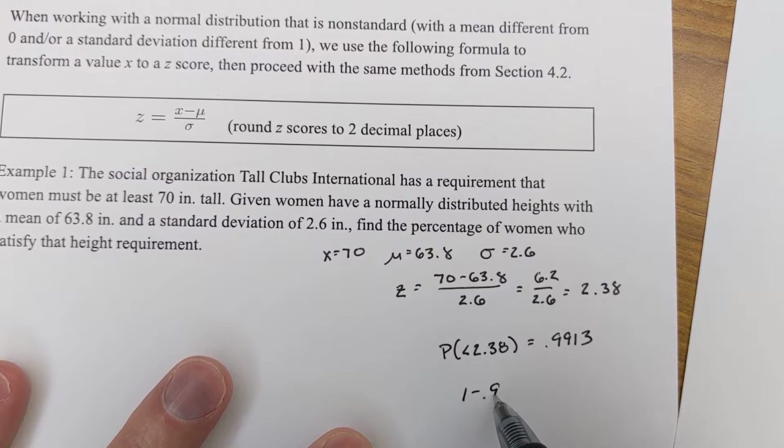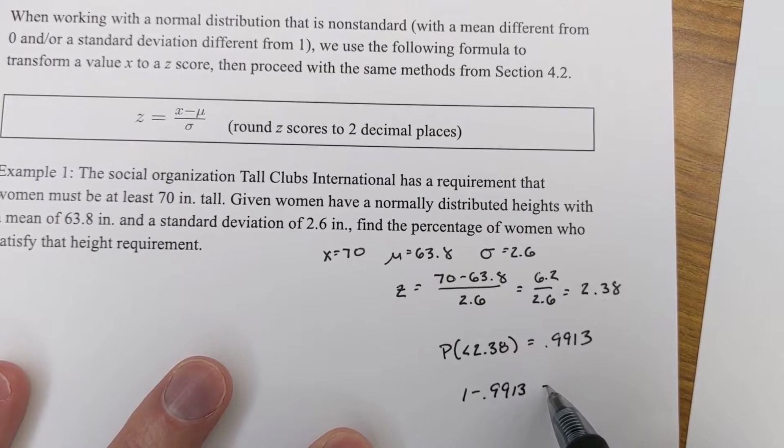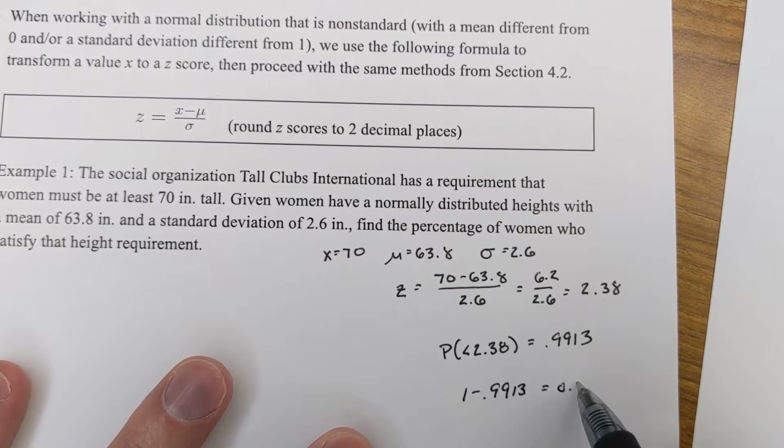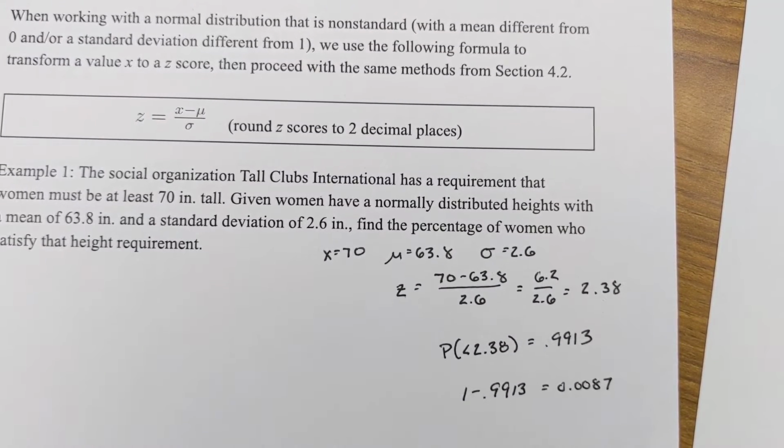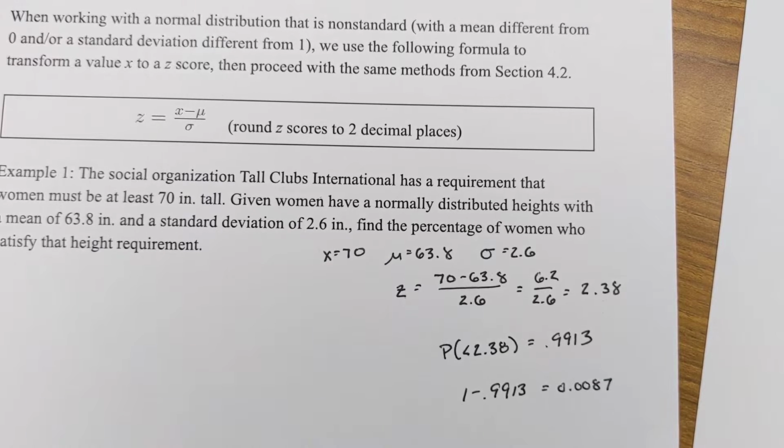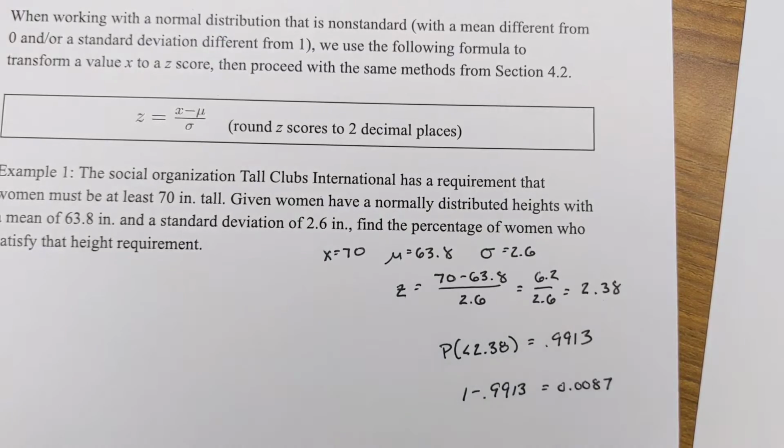So 1 minus 0.9913 is 0.0087. So less than 1% of women satisfy the criteria, if that is the actual criteria.